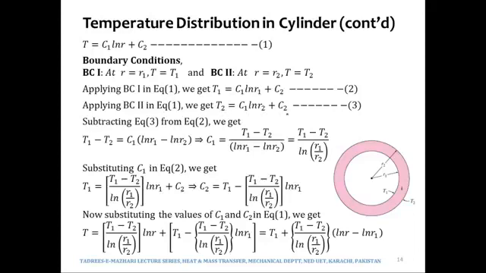Now you can figure out straight away that if we subtract equation 3 from 2, we would be able to get rid of C2. So therefore we would be able to find the value of C1. If we subtract 3 from 2, we get on the left hand side T1 minus T2, and on the right hand side C2 will get cancelled out and we will be left with C1 times log of R1 minus log of R2.